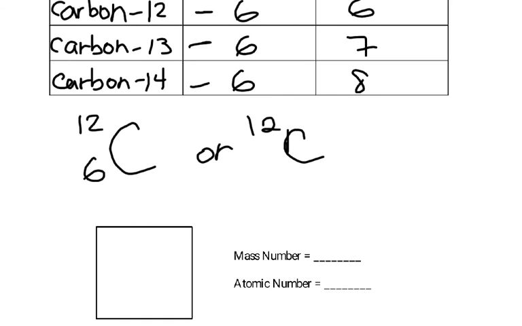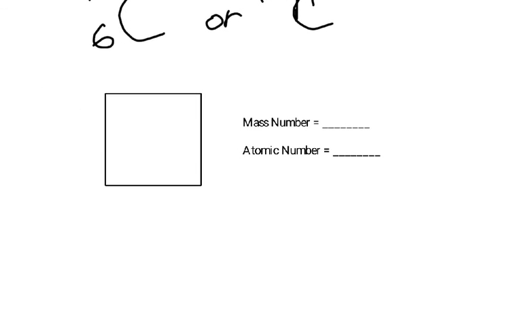Okay? Now let's look at the periodic table. One of the squares in the periodic table has information in it. So it first has the chemical symbol. So we'll look at magnesium, which has a chemical symbol of Mg. And you'll find that there's a 12 at the top and a 24.312 at the bottom. So there's a decimal number at the bottom. Well, this decimal number is the atomic mass.